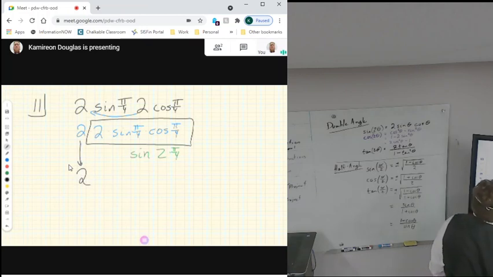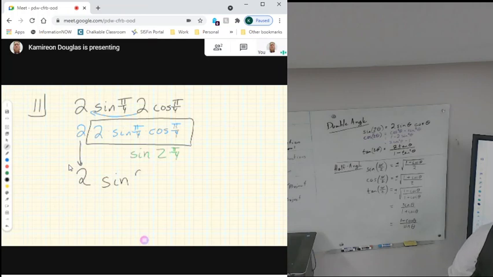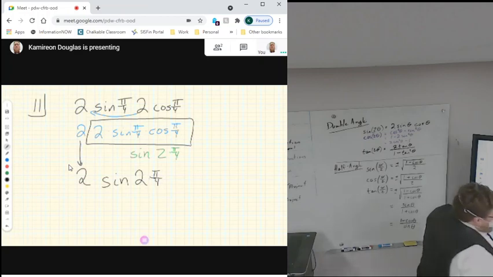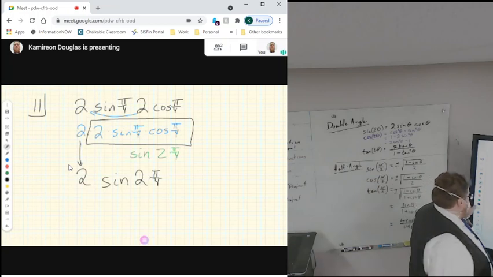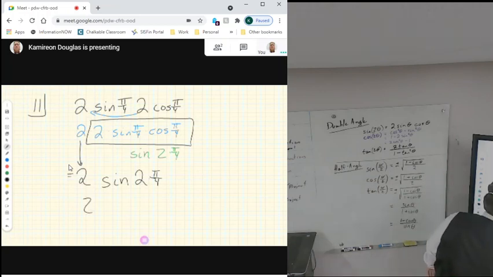The 2 sine pi over 4 cosine pi over 4 is replaced by sine of 2 times theta. So it's 2 times pi over 4. Okay, I simplify some more. The 2 stays. Sine of 2 times pi over 4. 2 times pi over 4 would just become pi over 2.